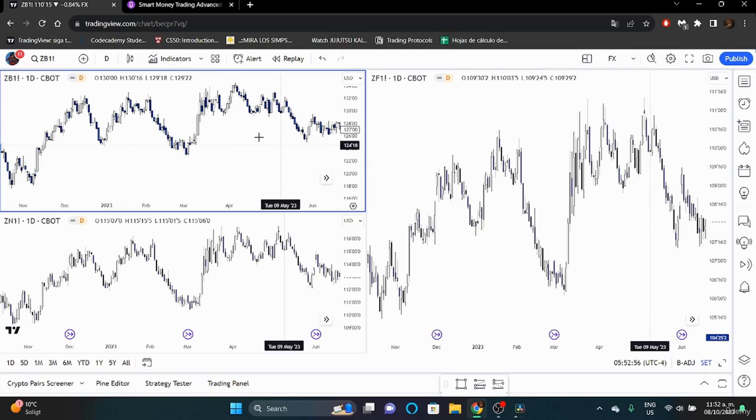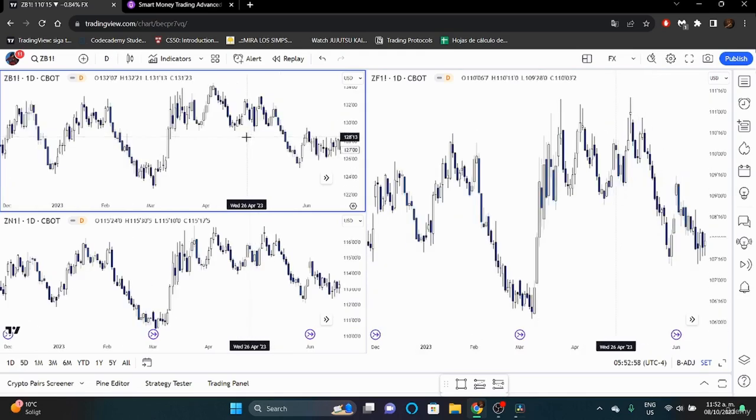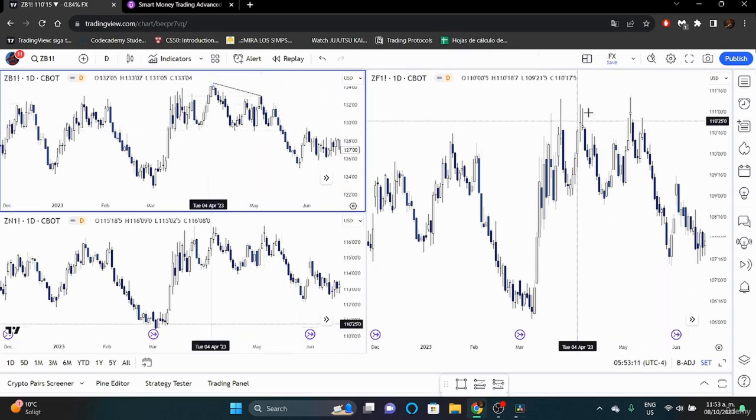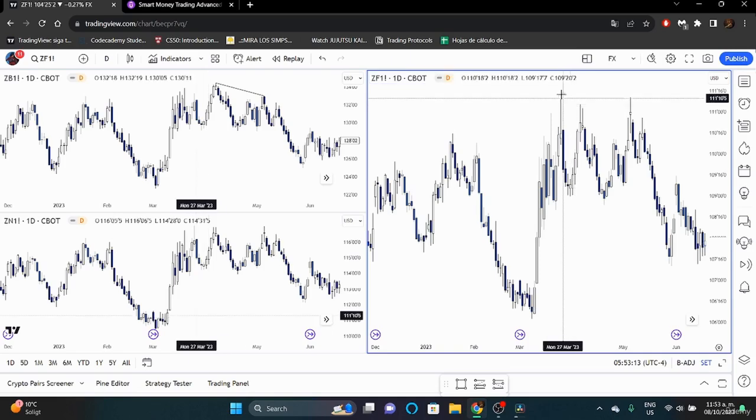Okay, look at the correlation. Look right here. You see? CB1 was making a lower high. This was making a higher high.